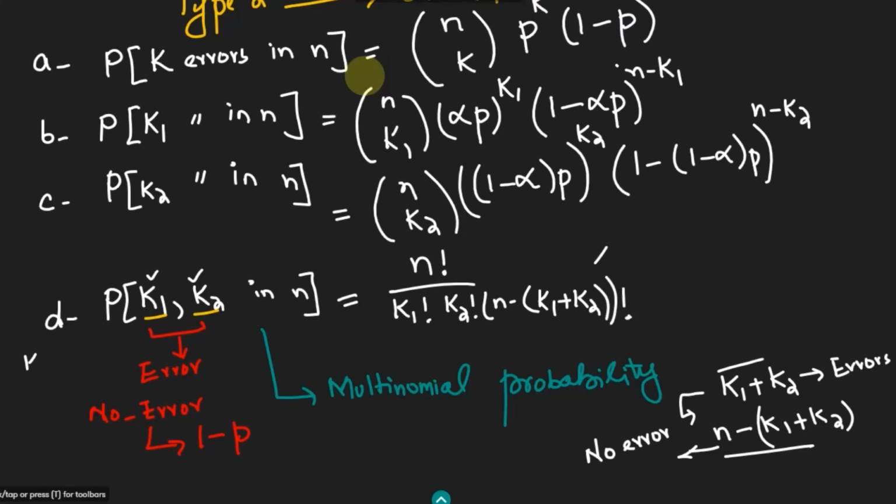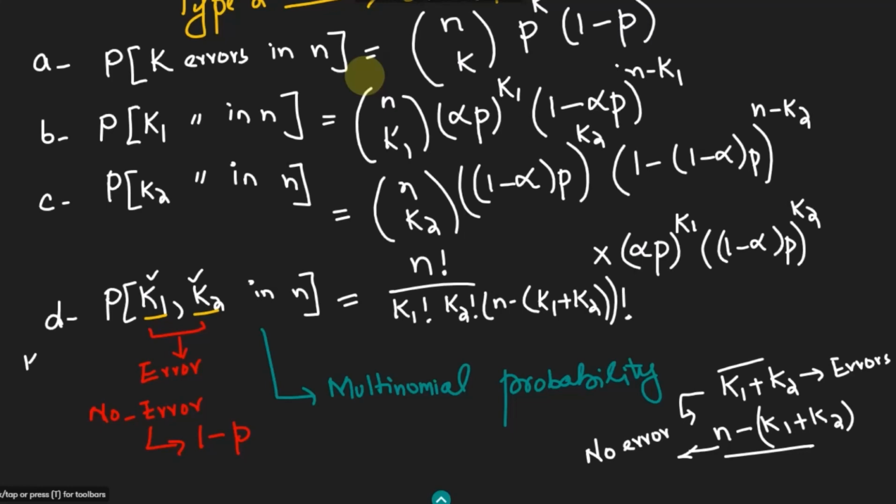After it we have to multiply the probability of all these terms. The probability of type 1 is alpha p, with the power k1. Similarly, the probability of type 2 is 1 minus alpha times p, with the power k2.